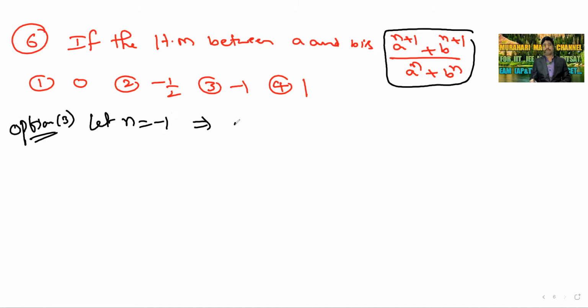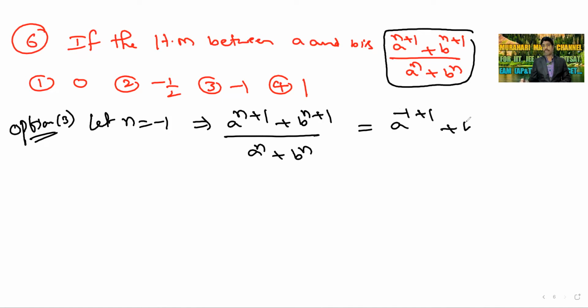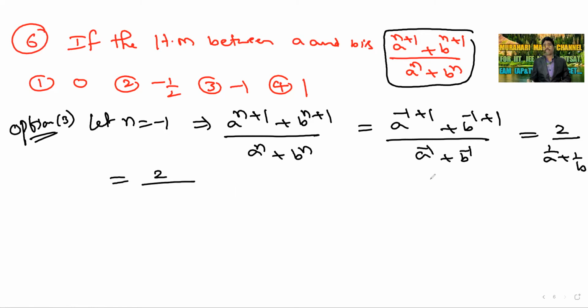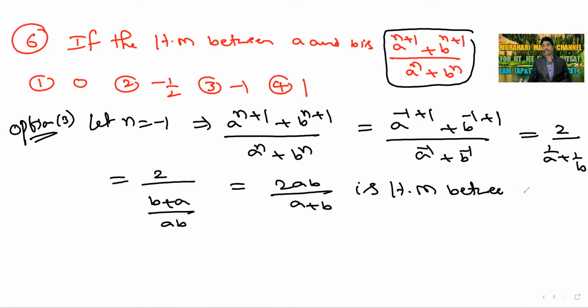In the expression, put n equal to minus 1: it will be A to the power 0 plus B to the power 0, which is 1 plus 1, that is 2, divided by A inverse plus B inverse, which is 1 by A plus 1 by B. So it will be 2 by, let us do the LCM, AB in the denominator, B plus A. So it will be 2AB by A plus B. So 2AB by A plus B is the harmonic mean between A and B. So option 3 is correct.